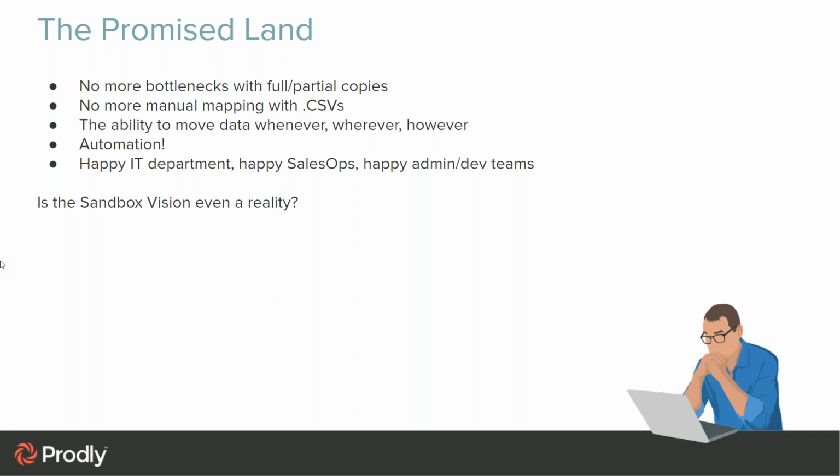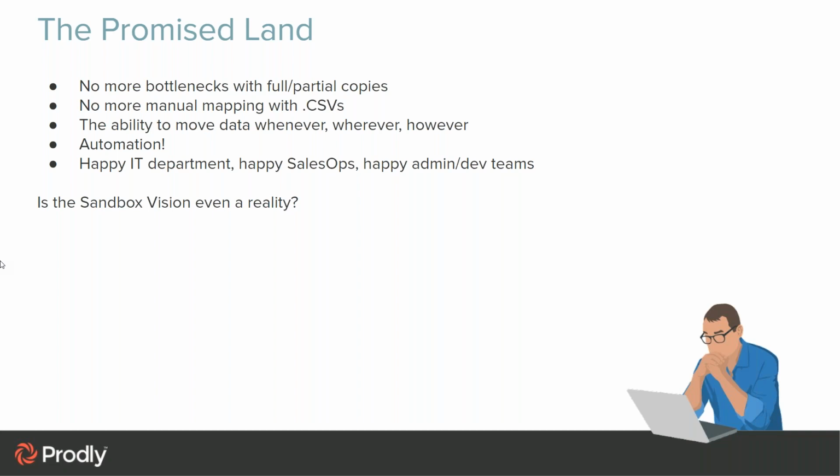No more bottlenecks with your full and your partial copies, okay? We're so tired of doing things this way. There has to be a better, faster, more efficient way. You no longer have to be limited by Salesforce refresh cycles, even, right? We know that for certain sandboxes, you can only refresh every 30, 60, 90 days.